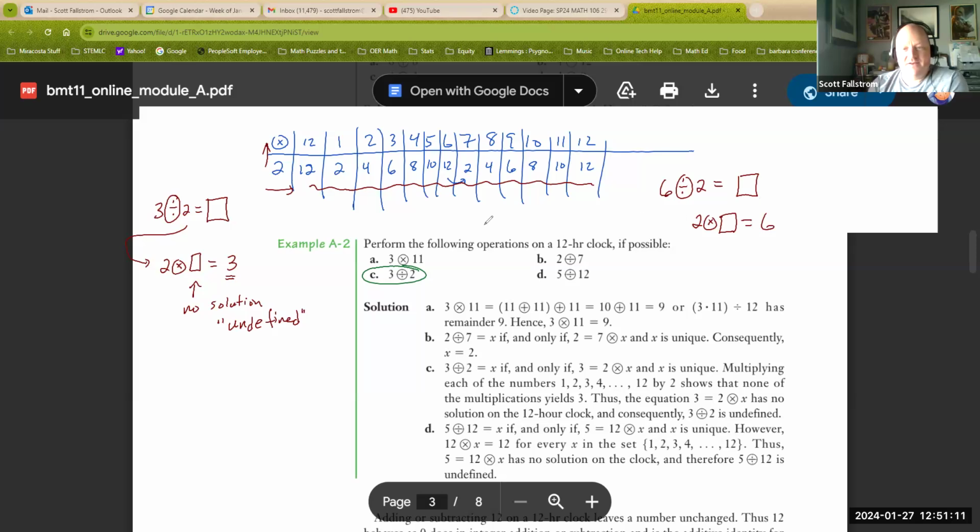Well, let's look through and find it. Some of you are like, I already know the answer, Scott. Thank you very much. I already got this one. So you look across and you say, aha, got it. Bingo. I know the answer is 3. And 2 times 3 gives me 6. Thank you very much, Scott. I've enjoyed the time I've had with you. I nailed this one. And I would say, hold up just 1 second.